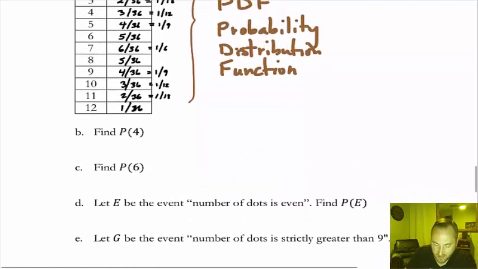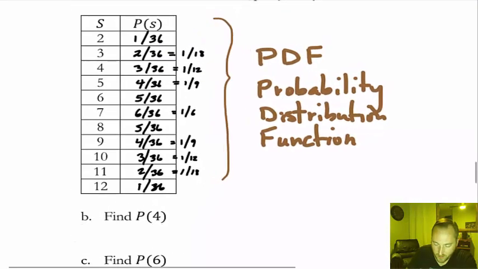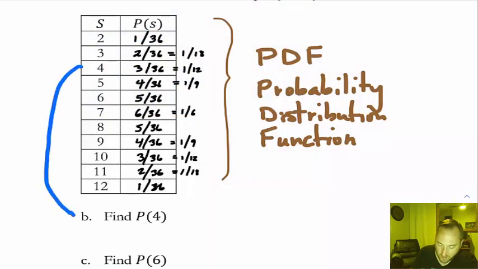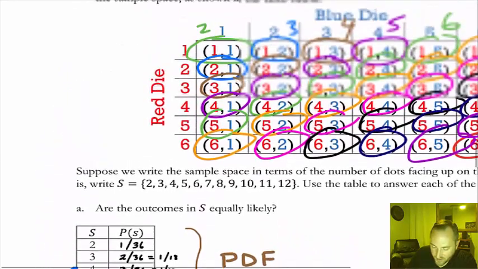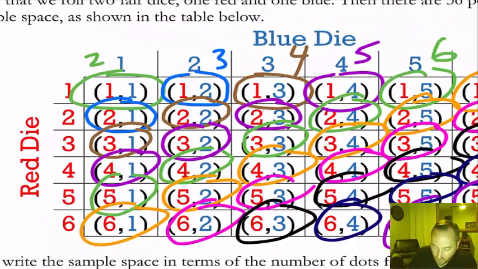Find the probability that the sum is a 4. Well, in the list here, we kind of bring this answer down here, the 4 is right there. We've already done the table, and then next one obviously is the 6. What's the probability of getting the 6? Now that we already have the table filled out, just to reiterate the concept, where the sum is a 4, you can see here that we've got 1, 2, 3 outcomes where the sum is a 4, and that's where we get that 3 out of 36.